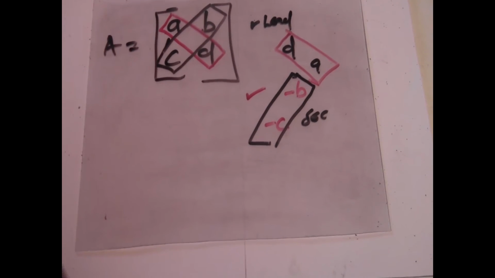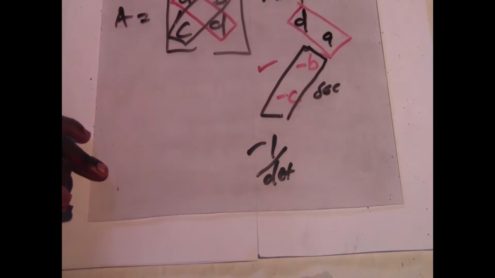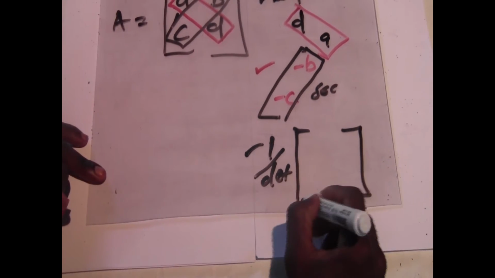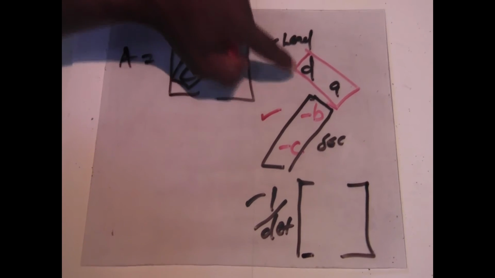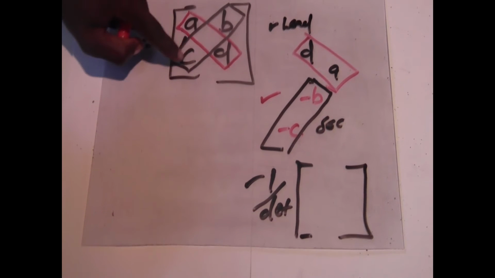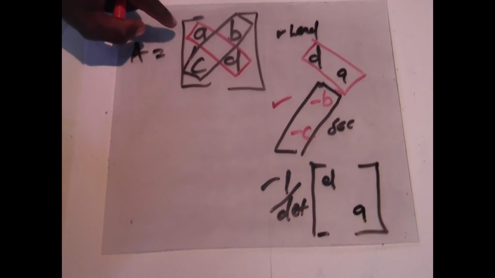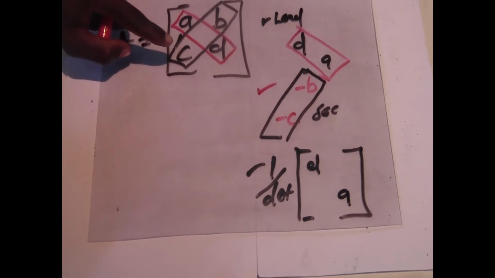And then the final thing is you multiply by 1 over the determinant of that matrix. So that matrix is, we've shifted the matrix. It was A, B, C, D. So it will be, the leading diagonal, we've changed the element, so it will be D, A. And the secondary diagonal, we've changed the sign.